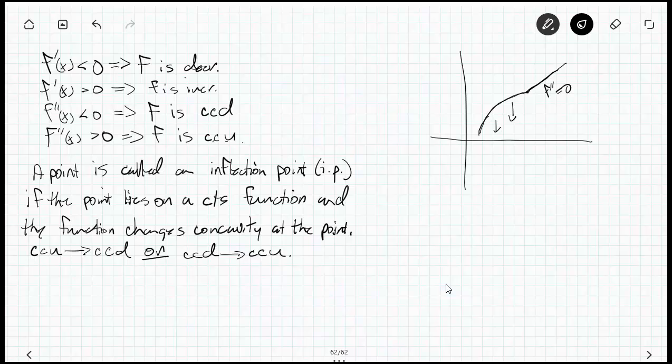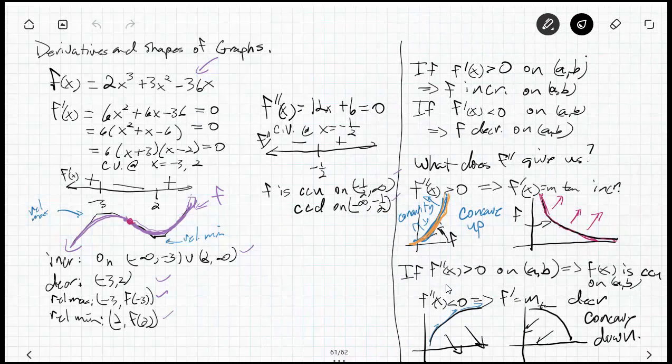And then all of a sudden, I'm concave up. In this case, there are no inflection points, because I went from concave down, second derivative less than 0, to concave up, second derivative greater than 0. However, there wasn't a single point at which that happened.